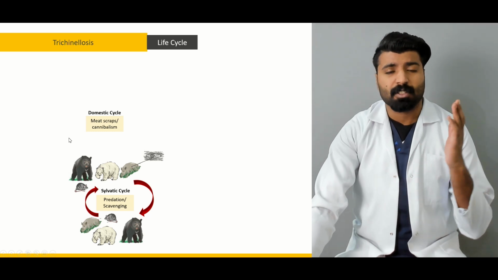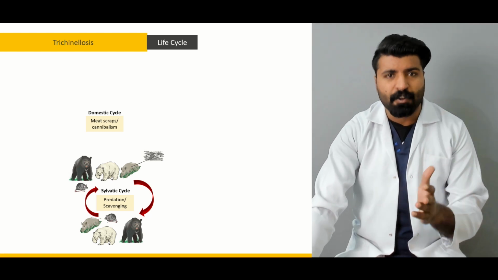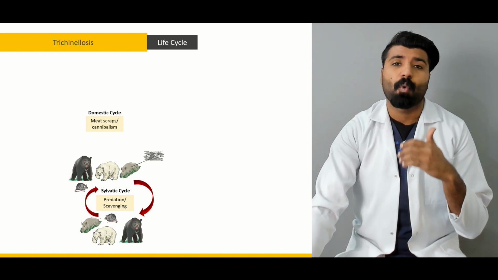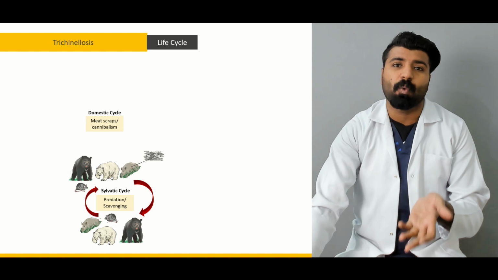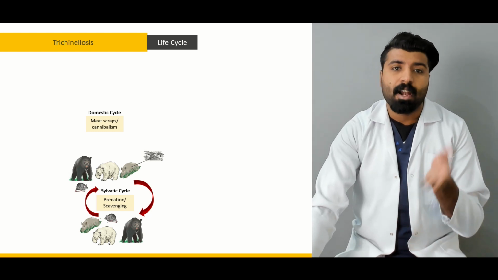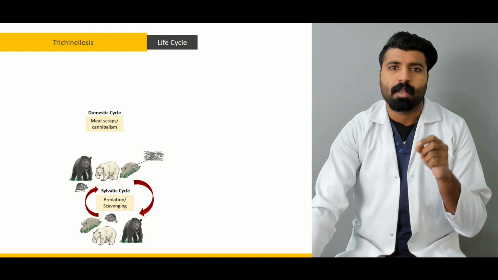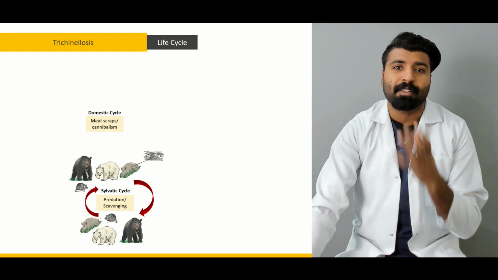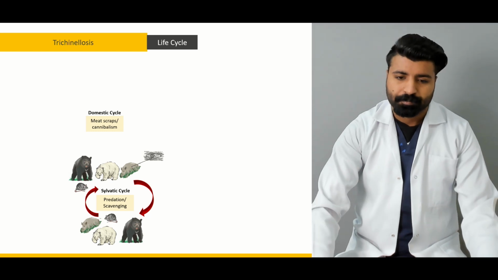For example, a person was already suffering from this infestation, and we ate that person. We had that person's meat scrapings, and we are going to get this infection or infestation or pathogen, whatever you call it.